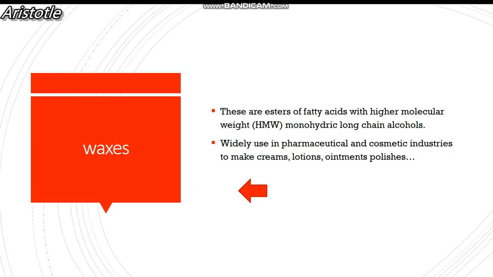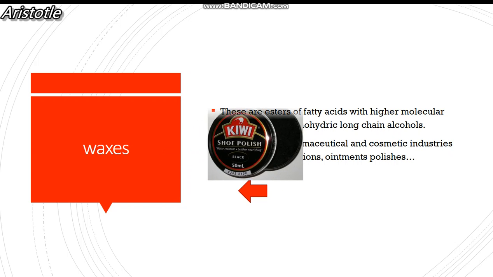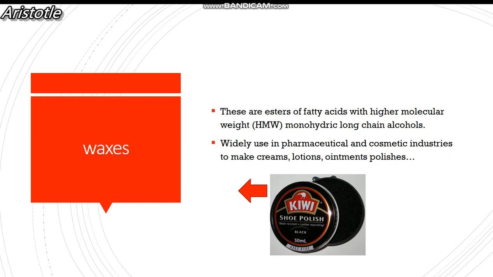They are widely used in pharmaceutical and cosmetic industries to make hair creams, lotions, ointments, polishes, like that. Like this common polish, Kiwi polish, actually known for its water resistant ability and some other things, used in Nigeria and many other countries. So we've talked about the simple lipids.